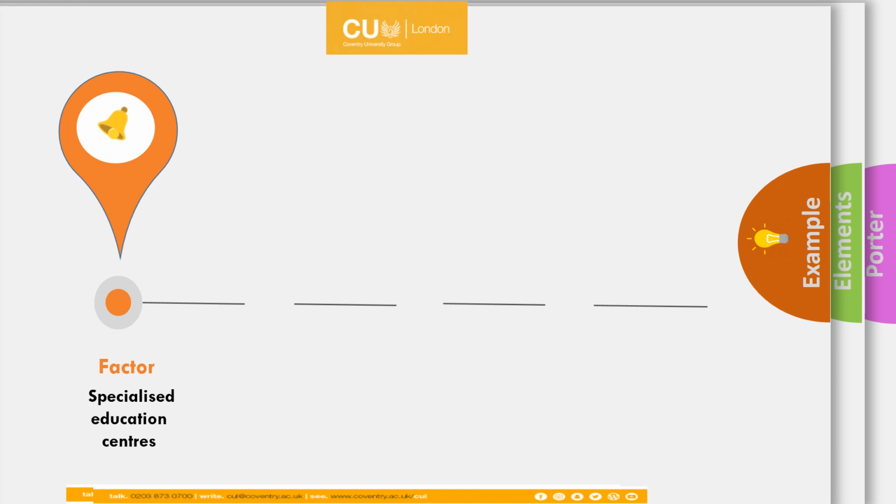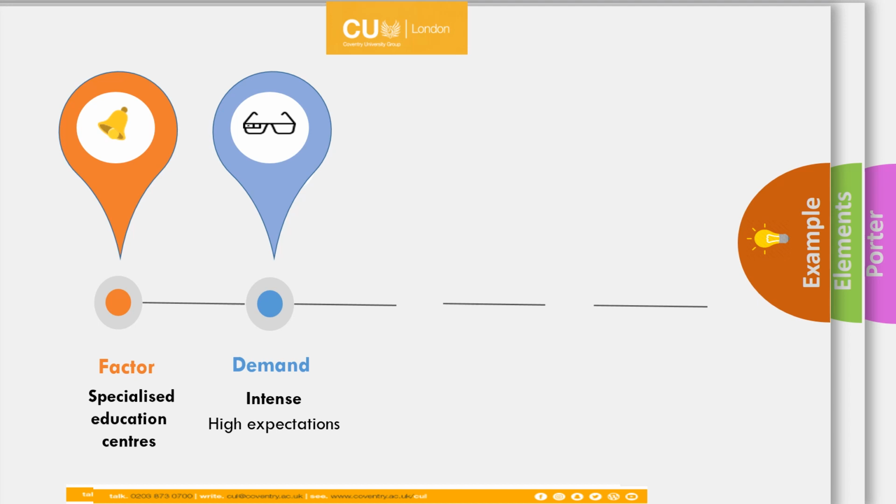And even if we look at the specialized education establishments, it is the global center for graduates in car engineering, and this in itself creates a barrier for other international car manufacturers who are trying to break into the German car market.